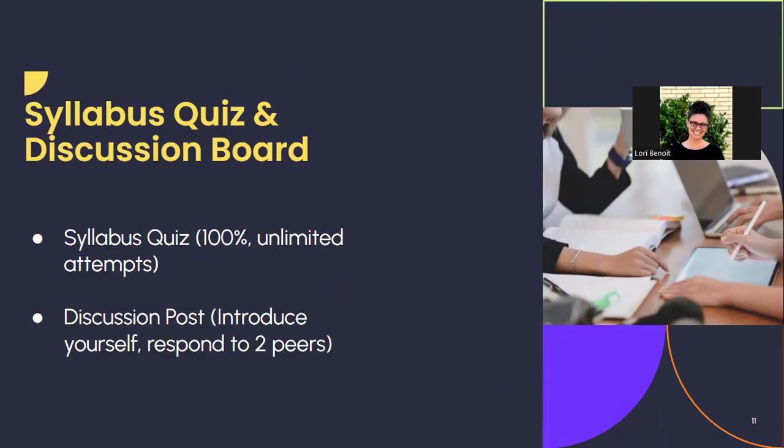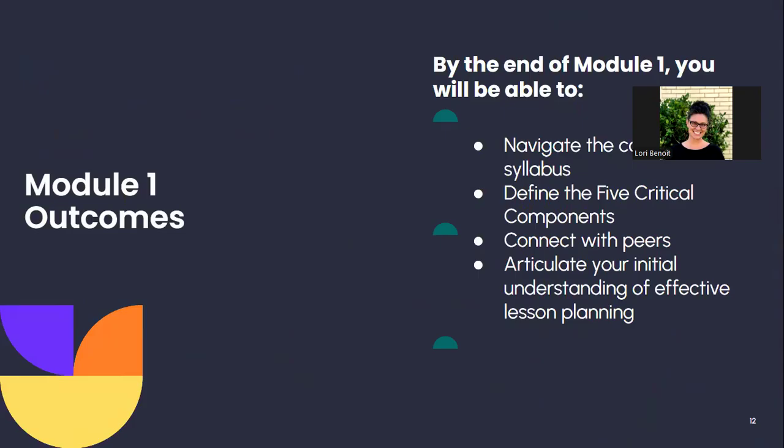Make sure you spend a lot of time reviewing the syllabus and take the quiz. You have to score a 100% and you have unlimited attempts to do so. A discussion post will be required of you. We want to know more about you. Introduce yourself and respond to two peers. More information regarding specific formatting and due dates is available on Canvas.